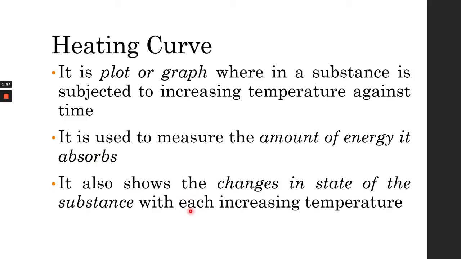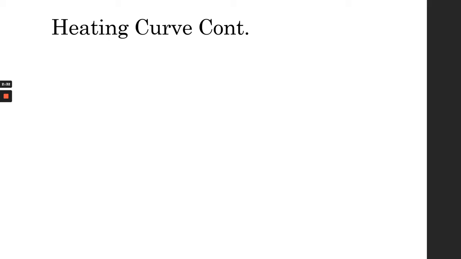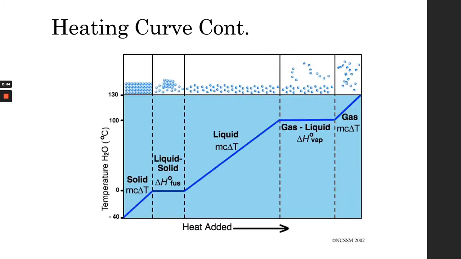Also, this is very useful in identifying at what temperature the substance changes its state, meaning at what temperature the substance changes from solid to liquid, or from liquid to gas. We have an example of a heating curve graph right here.